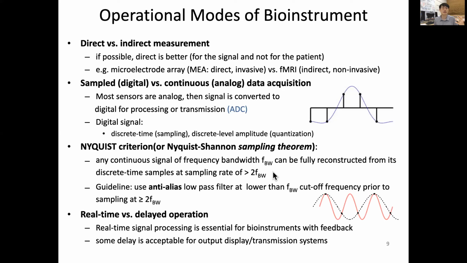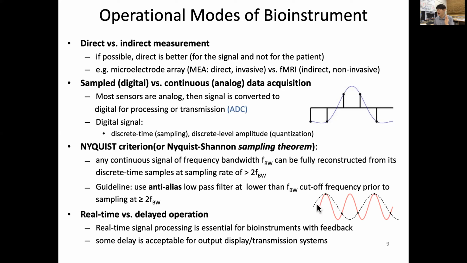So what happens if we do not meet this sampling theorem or Nyquist criterion? Here's one quick example. Let's say this red curve is the actual signal, while we are sampling only these black dots. Look at this.